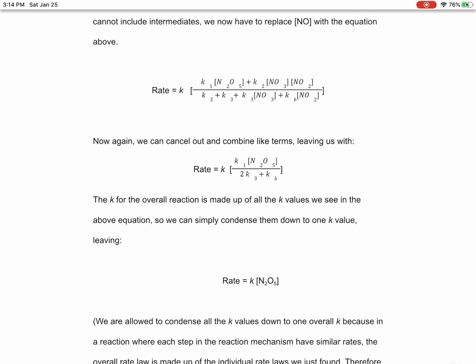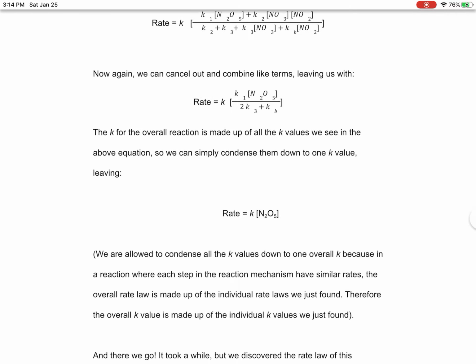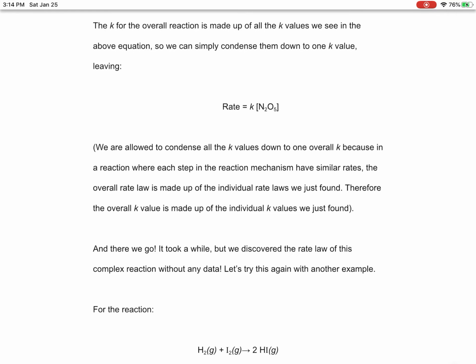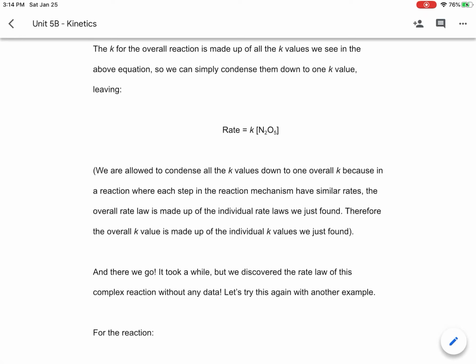That will leave us with a bunch of k values and the concentration of N2O5 to the first order. Now, because the original k value is made up of all the other k values, we can just say our rate is equal to regular k, understanding that k is equivalent to all of the other k values set up in that fraction that we see above, times the concentration of N2O5 to the first.